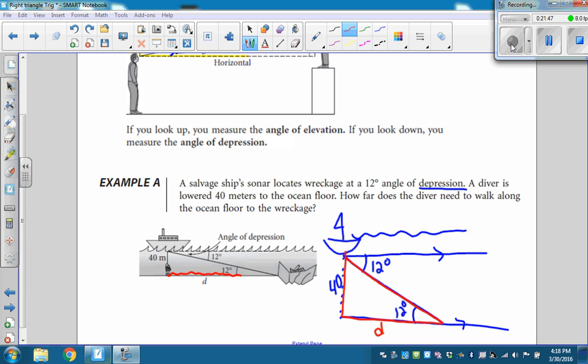He's going to walk along the ocean floor to get to the wreckage. That's D. And in reference to 12 degrees, I have the opposite and the adjacent. So I'm going to write the tangent of 12 degrees is equal to 40 over D. And then I would just solve for D the same way I've been solving all along.